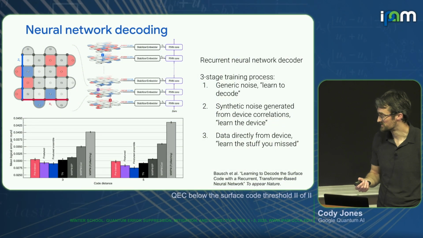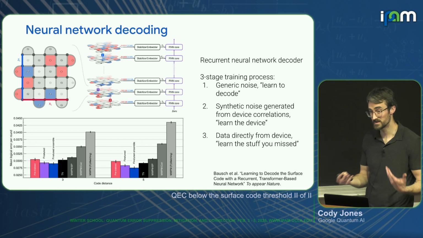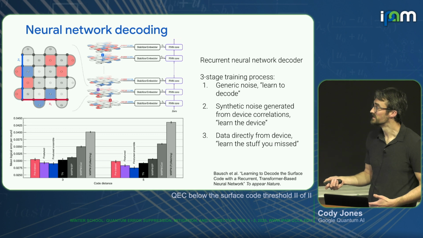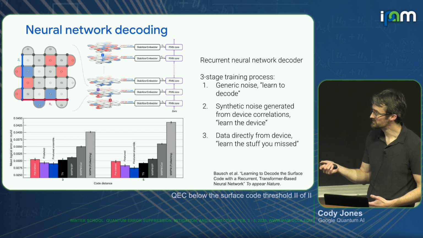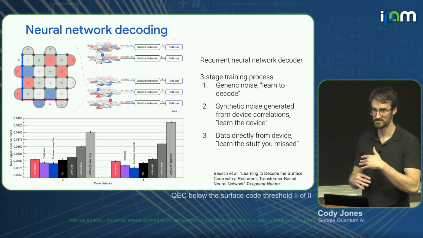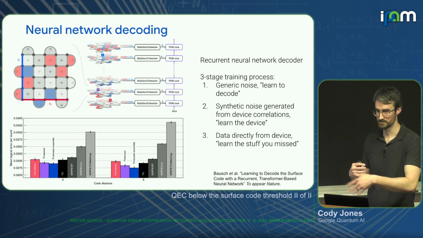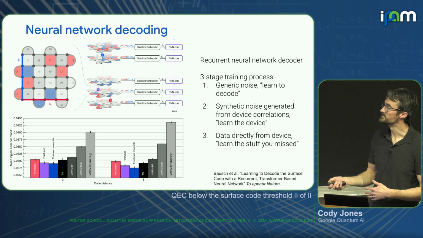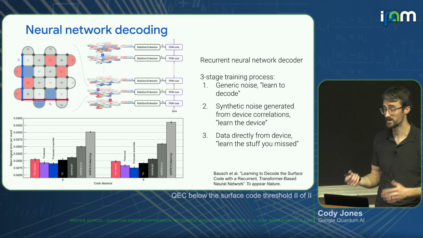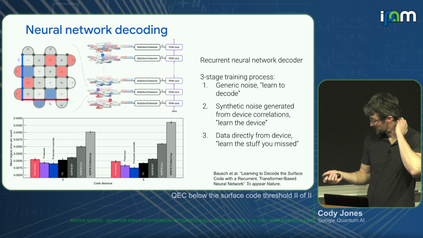It turns out that transformers seem to be able to learn really complex correlated models, in this case correlated error models. Using insights from the structure of the problem, that there's a recurrent nature because we're running a periodic cycle of gates, a recurrent neural network running on top of the transformer was able to learn really well what was happening in the device.